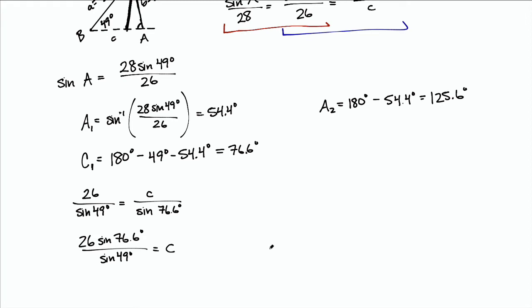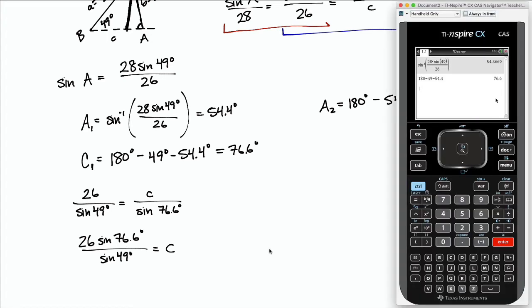And I'm going to go ahead and plug that now into my calculator. You do want to be careful because we have been using an approximation, that 54.4. And if you want to be very careful, we can actually use the non-approximated form in that sine. So I'm going to do that. First, I'm just going to come up.